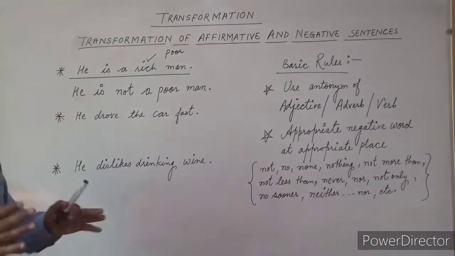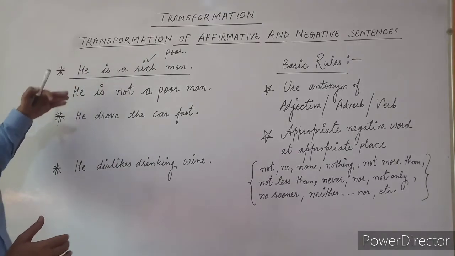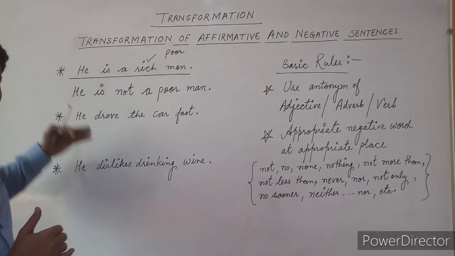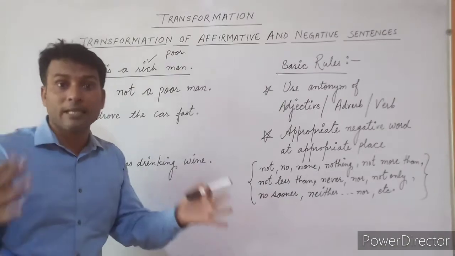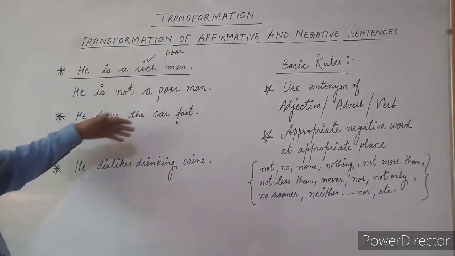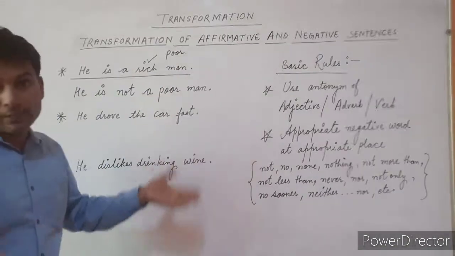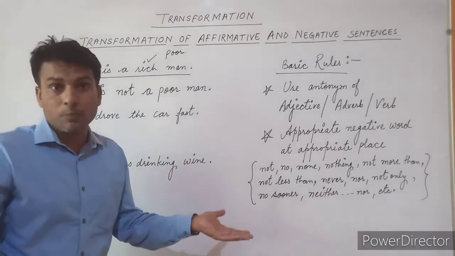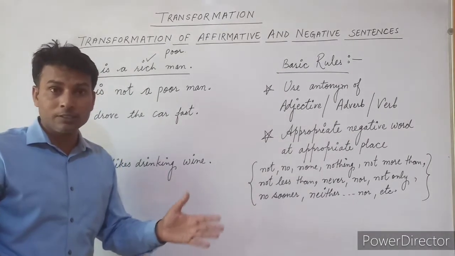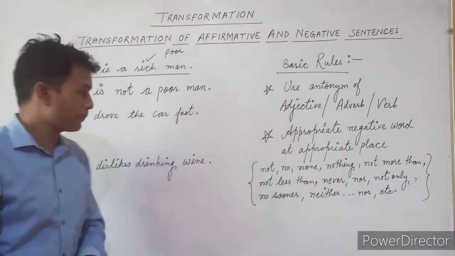Both of the sentences, affirmative and negative, have the same sense or meaning. He is a rich man and he is not a poor man. It means he is obviously a rich man. Right students? I hope you must have understood.